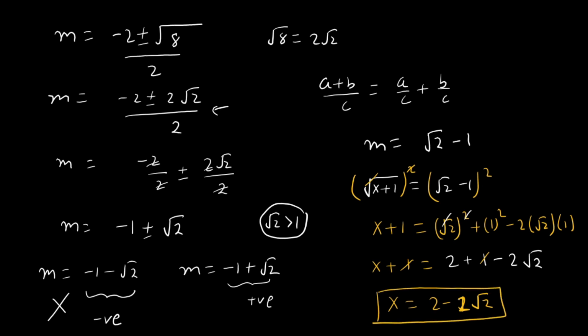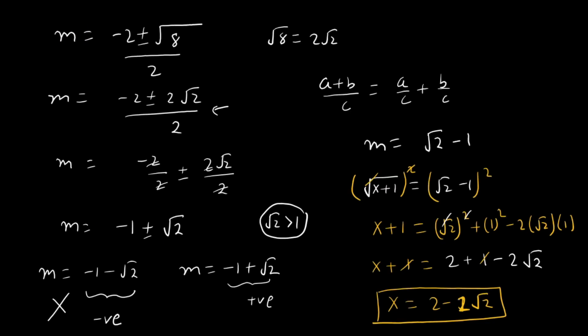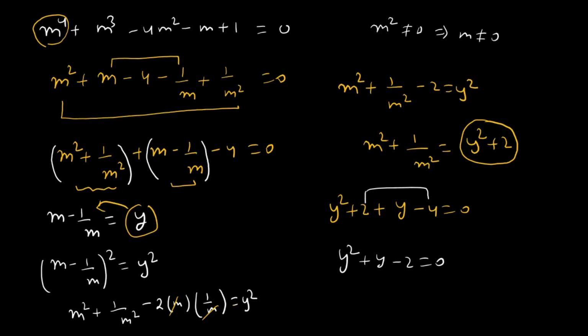Now we know the second case, that is the value of y is 1. If y is equal to 1, and we know that the value of y is m minus 1 over m, so this y is replaced by m minus 1 over m, which is equal to 1.